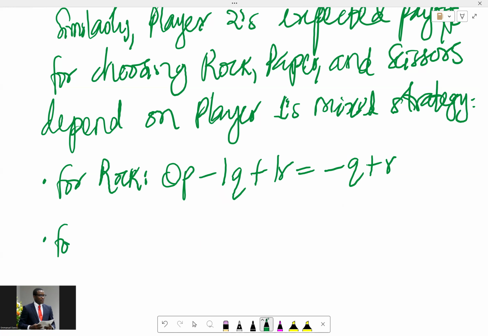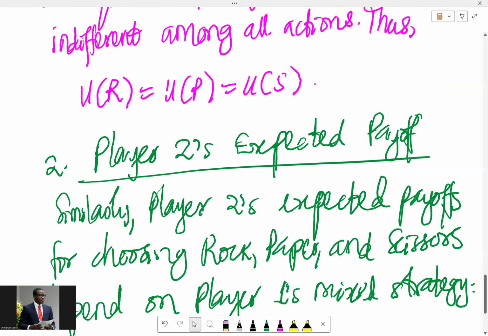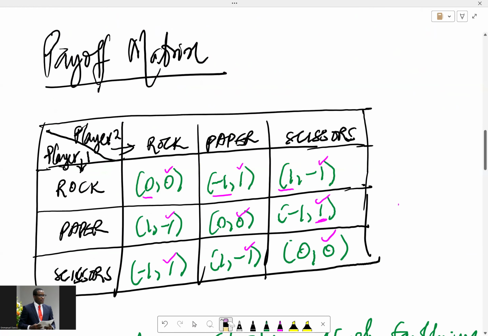So that's for rock. For paper, let's go back to the payoff table. So for paper now, see what happens here. So this is gone. So for paper, we now have this for player 1.